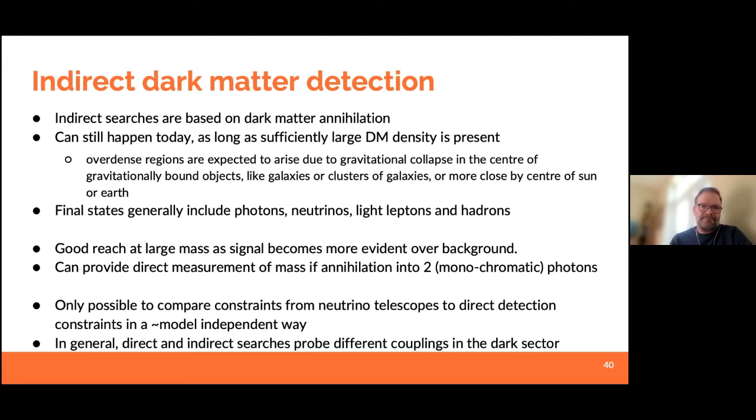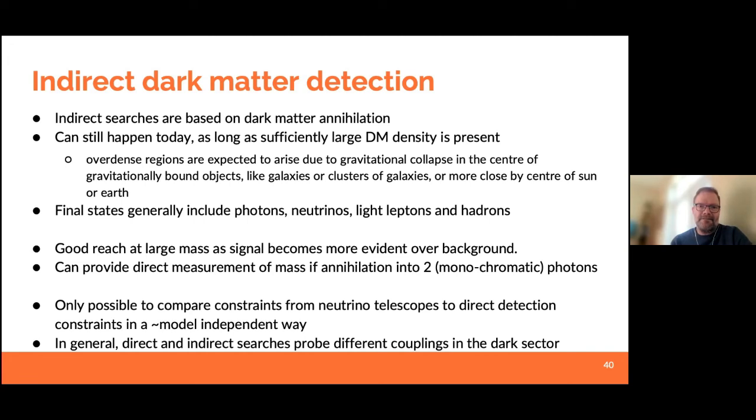So indirect searches are not based on dark matter scattering, but dark matter annihilation, right? And this can still happen today as long as there is a sufficiently large dark matter density. And so the regions that you would look to for such signals would be the center of galaxies, or even clusters of galaxies.